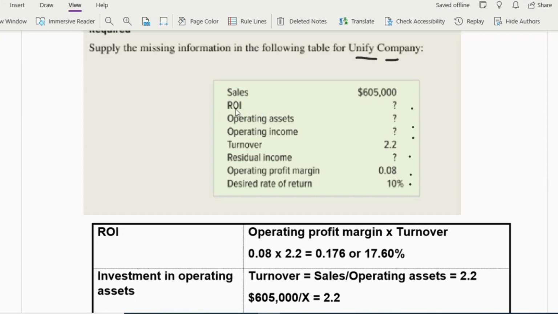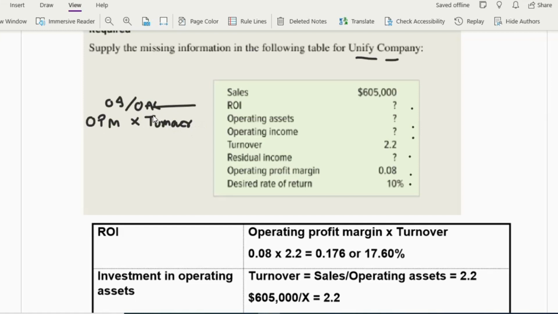We have two formulas. If you remember the discussion of this chapter, ROI is equal to operating income divided by operating assets. And we have another formula for ROI: operating profit margin multiplied by sales turnover.